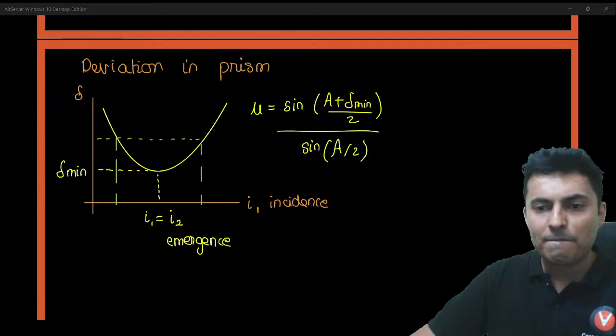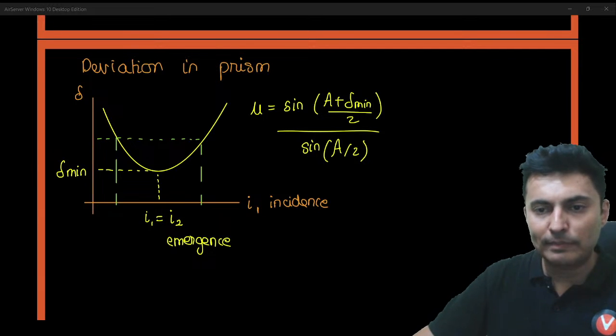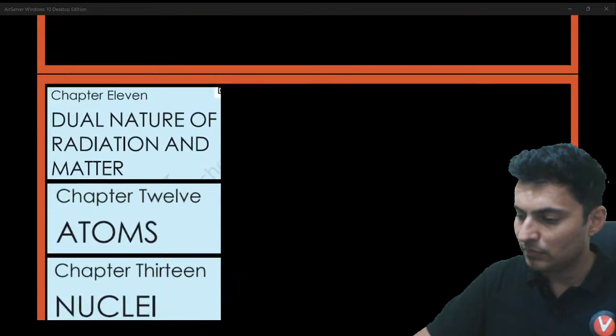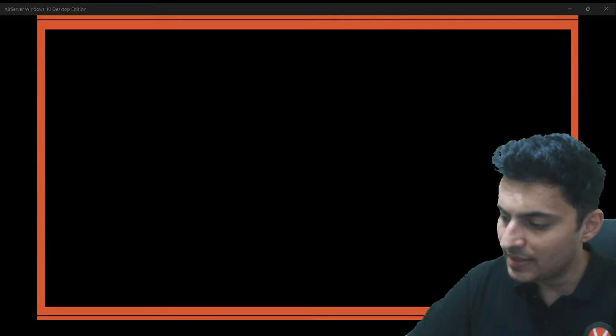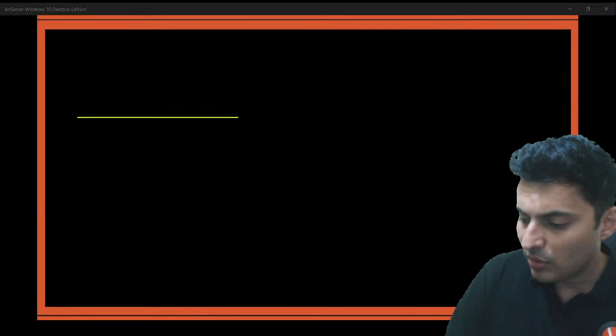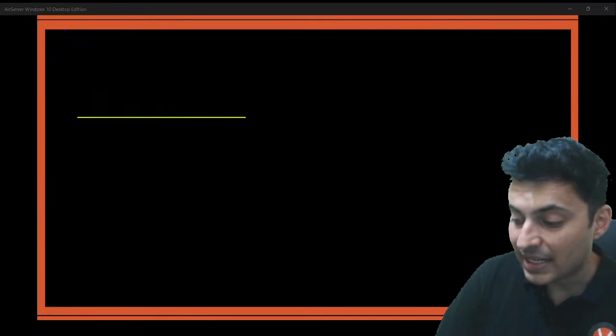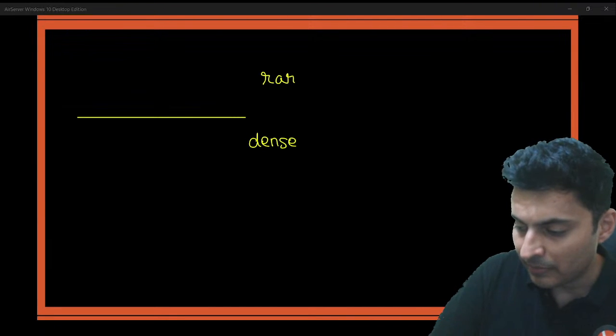Next thing you should know is this particular graph, or variations for different angles of incidence from a dense medium to a rare medium.